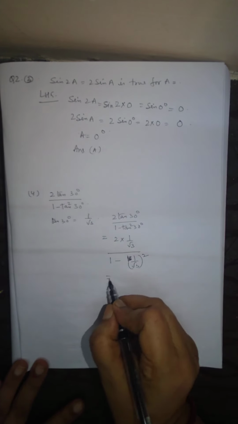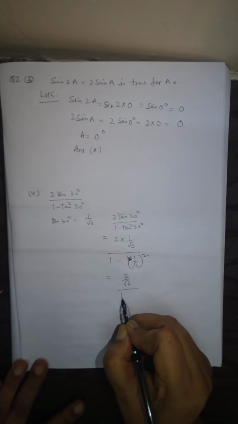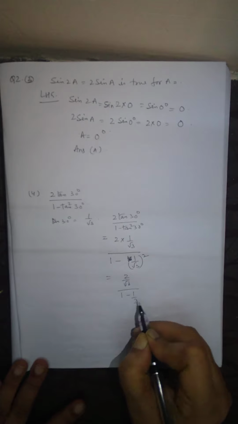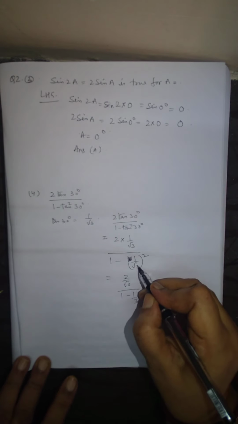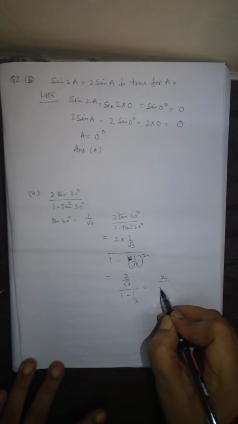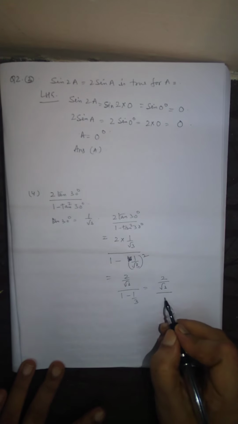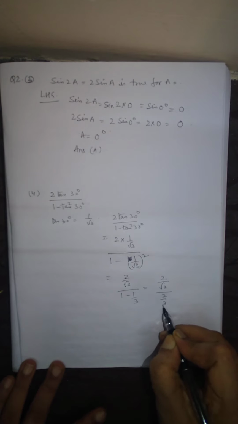So this is equal to 2 by root 3 divided by 1 minus 1 by 3. 1 by root 3 square is 1 by 3. So it is 2 by root 3 divided by 3 minus 1 upon 3, that is 2 by 3.